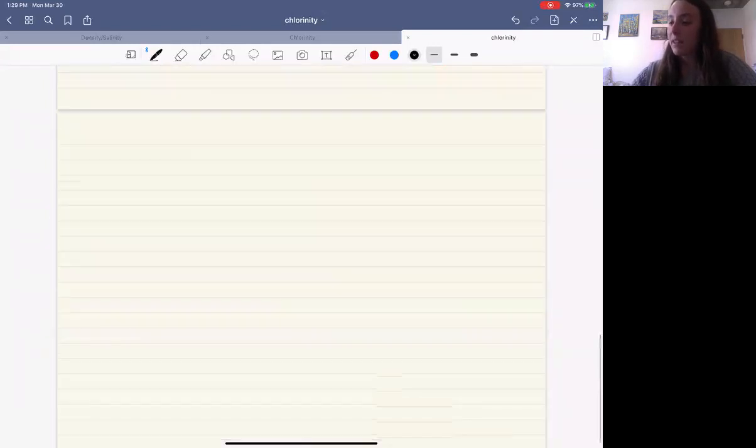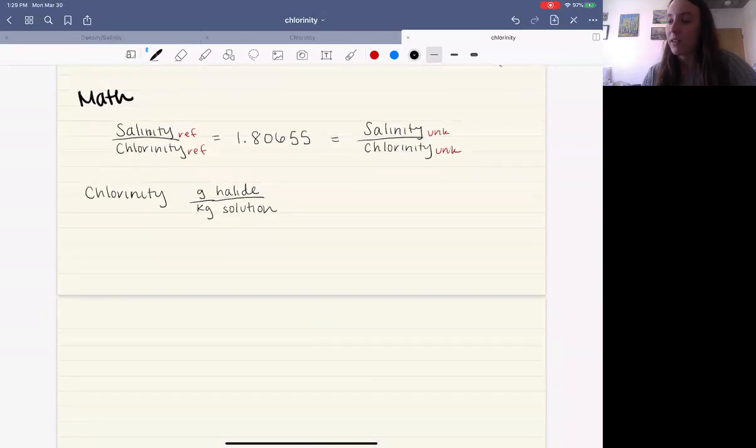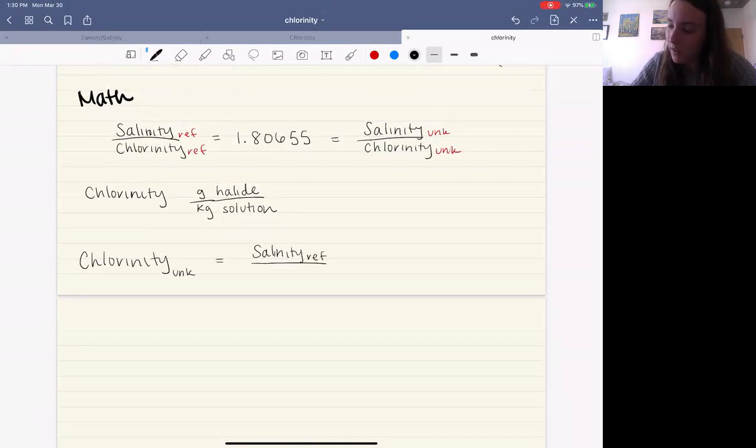Okay, so keeping that in mind, we can combine this first equation that I gave and create this new formula that is essentially all you need to use in this experiment. So the chlorinity of our unknown will be equal to the salinity of the reference divided by 1.80655 multiplied by some ratios here.